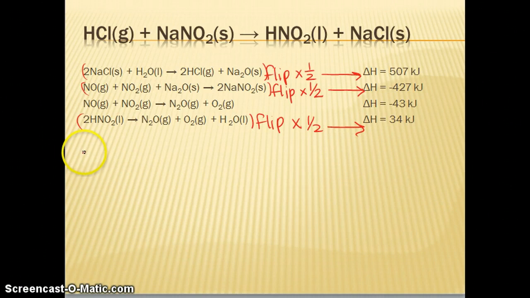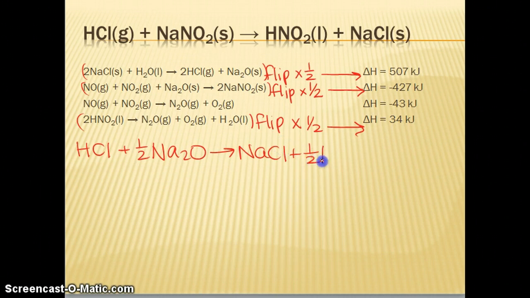So now we end up with the HCl, applying those changes to delta H, we get negative 253.5. So that's going to become negative 254 with sig figs. Let's see. The second equation, we're going to do the same thing.